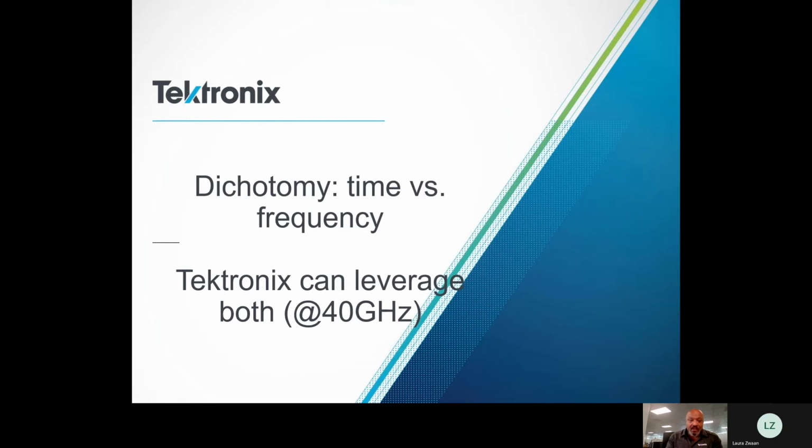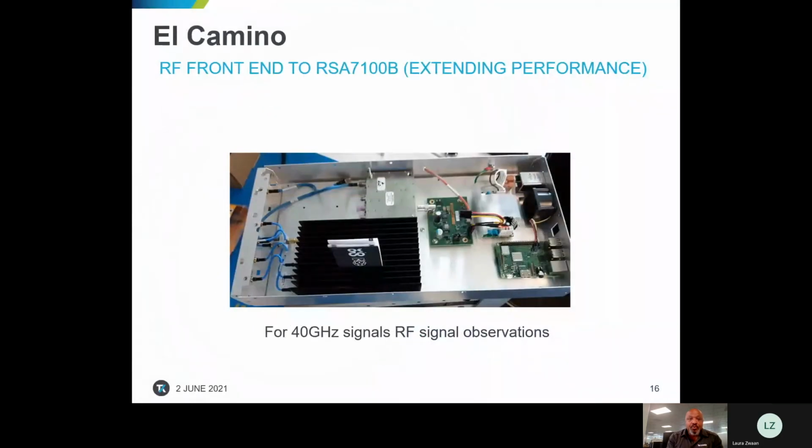It's something that we have been instilling and continue to improve in our time domain and frequency domain products, as well as looking to the future in terms of improving the range of performance for a lot of our Tektronix equipment.